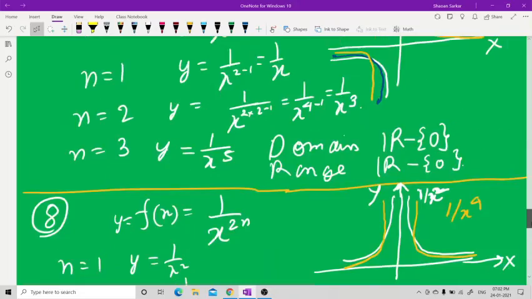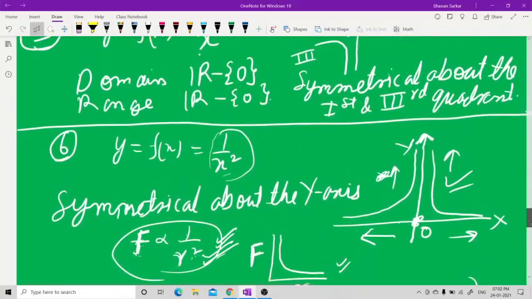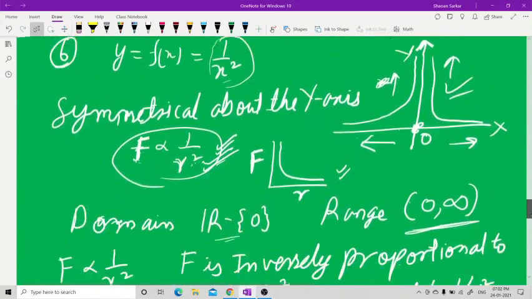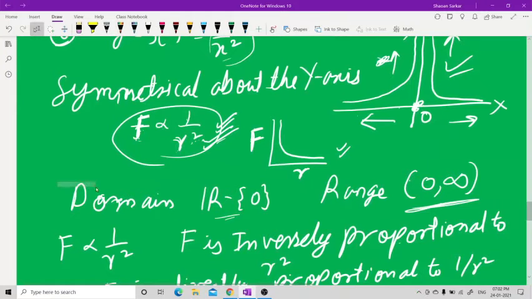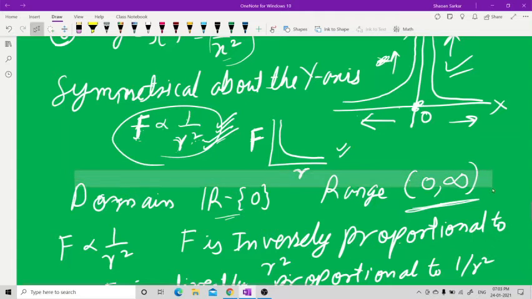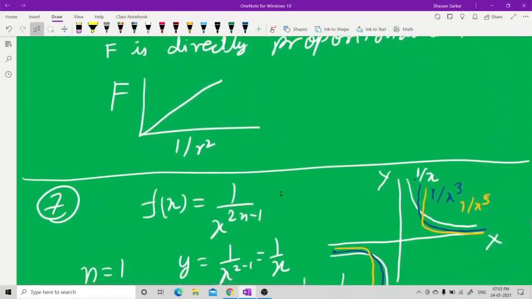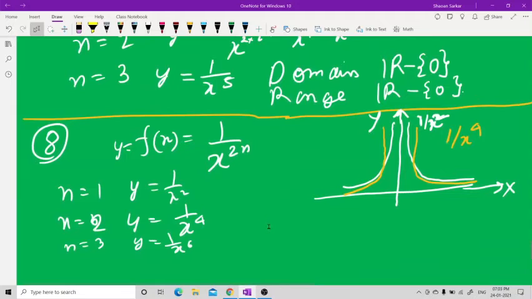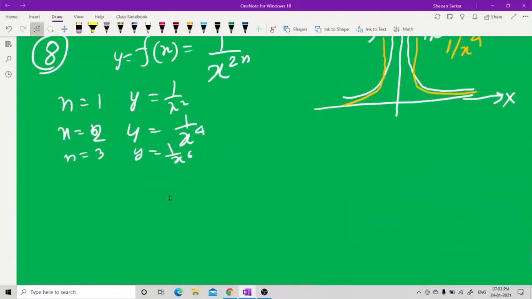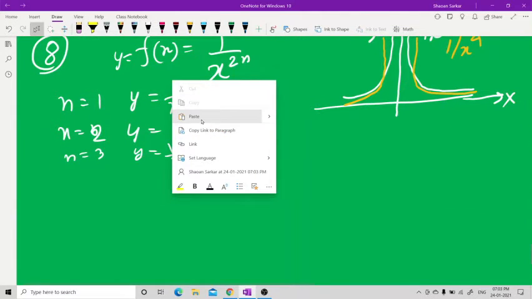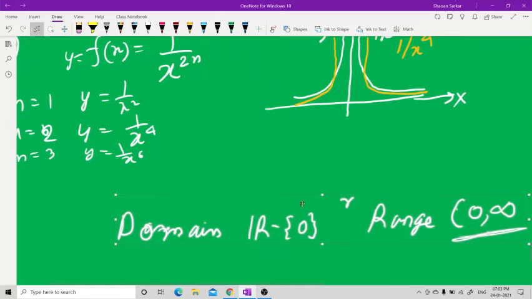Let me just copy that from there. Domain and range, where did I write it here? Yes, I wrote the domain and range. Here, I just need to copy this line. If I copy this and paste it there, the domain and range remain the same.